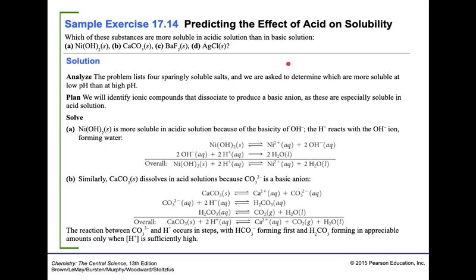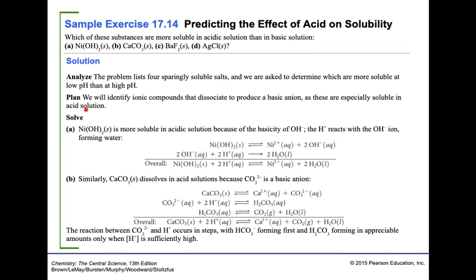So, they give you lots of detail here. The problem lists 4 sparingly soluble salts, and which ones are going to be more soluble. Again, another way to word that would be in a low pH rather than a high pH. So we will identify ionic compounds that dissociate to produce a basic anion, as these are especially soluble in acidic solution.